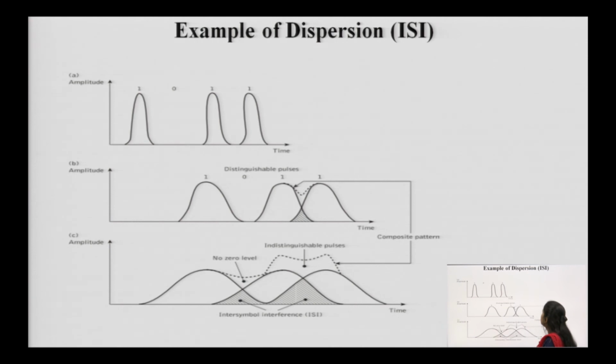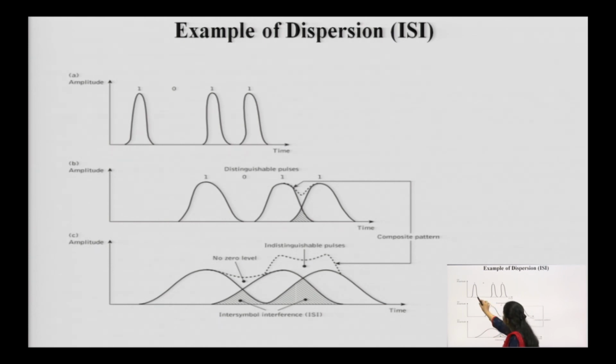Now, here is an example of dispersion or ISI. This is the amplitude. What is here? 1 0 1 1. So we can easily say the signal is 1 here, then it is 0 in this particular case, then 1 and 1 here. We have plotted the graph of amplitude versus time. What is going to happen now if it starts moving, at the next instant of time?